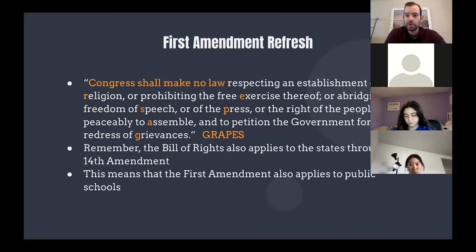The easiest way to remember the six freedoms in the First Amendment, if you were ever tested on it, is the acronym GRAPES. That's why I put that in here.